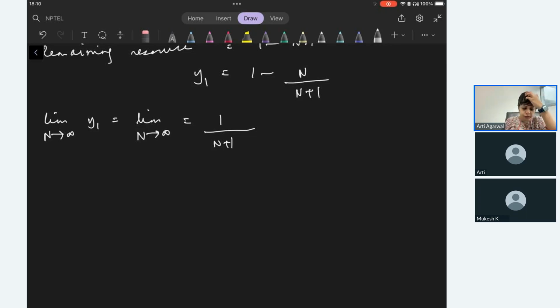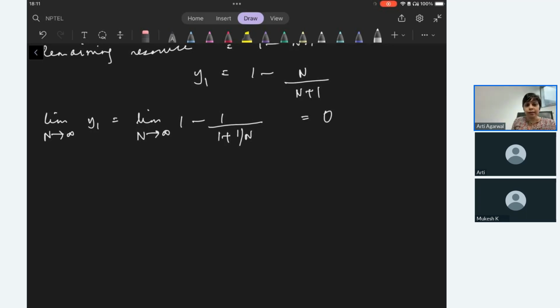It's also the same thing. Let's leave it like this only. Easier to derive the result like this. 1 is just 1. Now, if you divide numerator and denominator of the second term by n, what do you get? 1 upon 1 plus 1 by n. As n goes to infinity, 1 by n is 0, 1 by 1 is 1. So this is equal to 0.